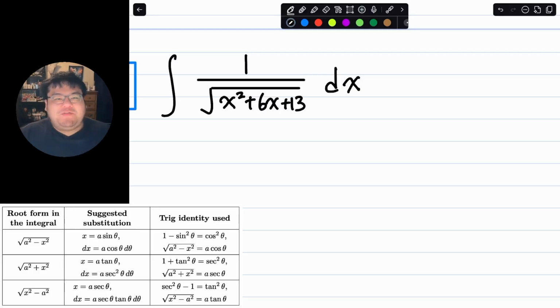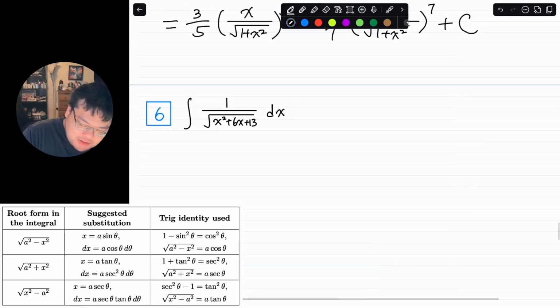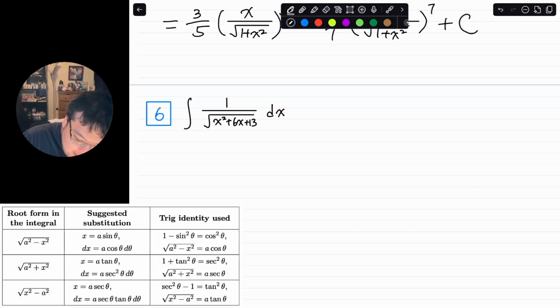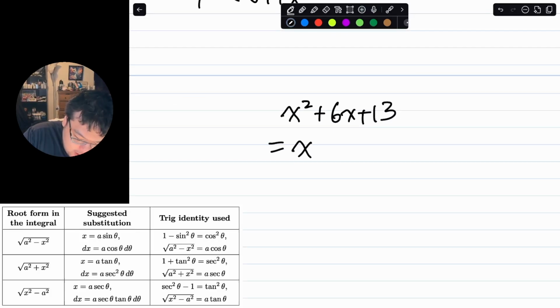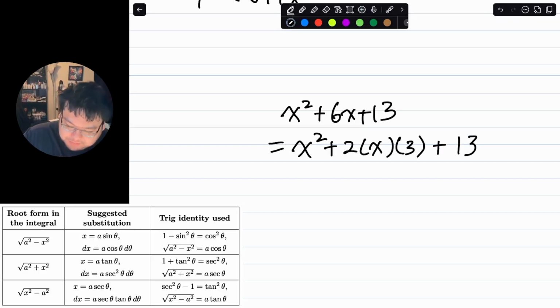We need to recall something we learned in high school, which is completing the square. So let's try to do completing the square together, if you forget it. So x squared plus 6x plus 13. That will be x squared plus 2 times x times 3, and then plus 13.